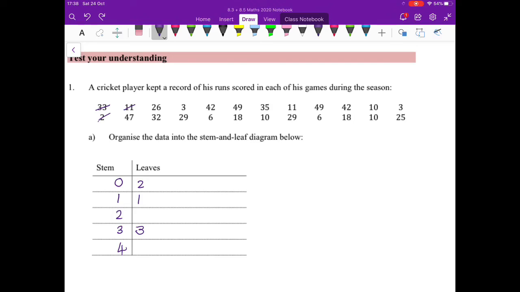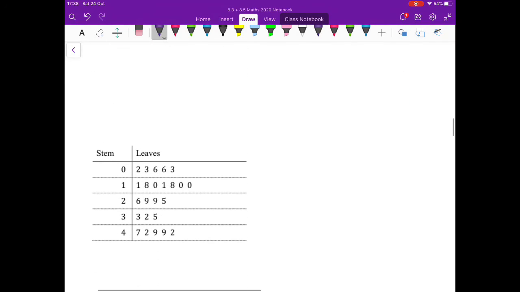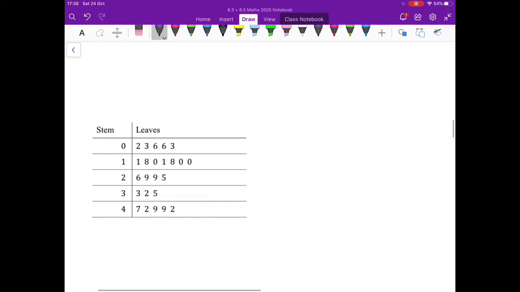So if I look at that number, that forms 11. 47, I go to my 40, and I write down the 7. 26, I go to the 20, and then all I need to do is write down the 6. I continue until I get to my last value of 25. And this is what your stem and leaf diagram looks like.